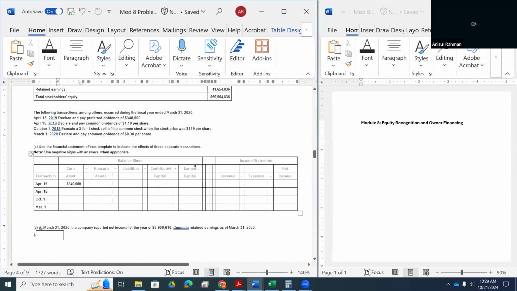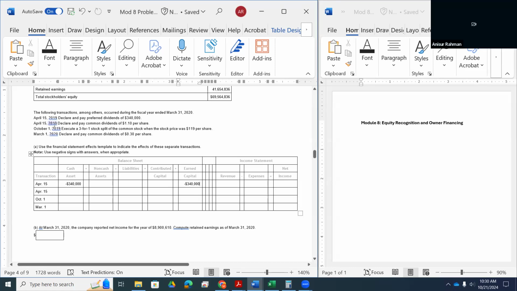Contributed capital and earned capital, these two are shareholders' equity. Now, when a company pays dividends, it also reduces the retained earnings, which is part of earned capital. So it will also reduce earned capital by the same amount. It does not have any effect on the income statement.